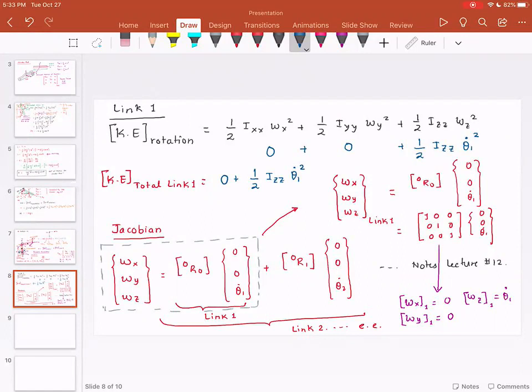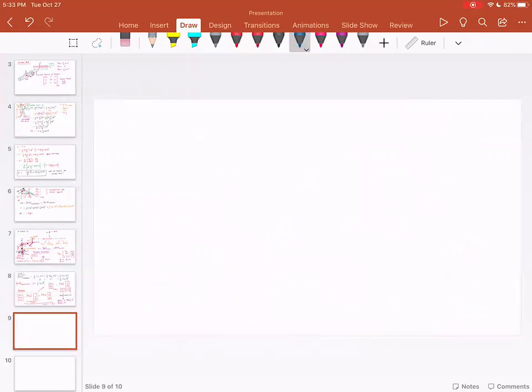Now let's move on to the kinetic energy for link 2. Same approach, we have to find the kinetic energy for link 2. How would we get the information for the kinetic energy for link 2?